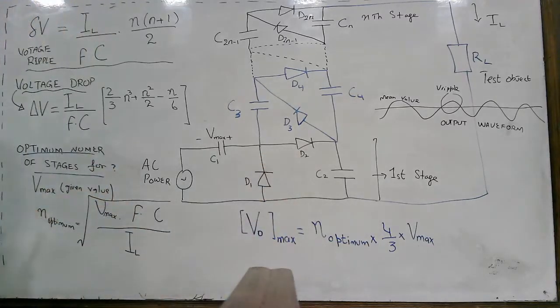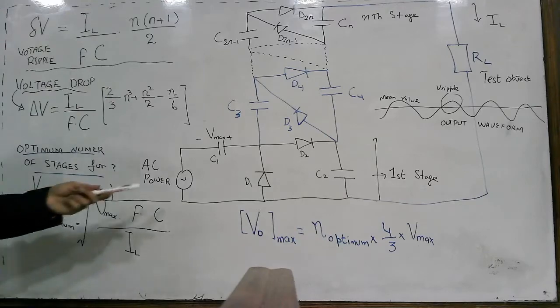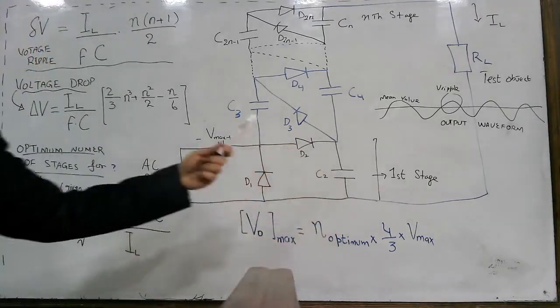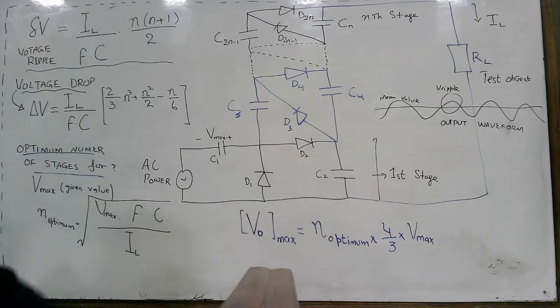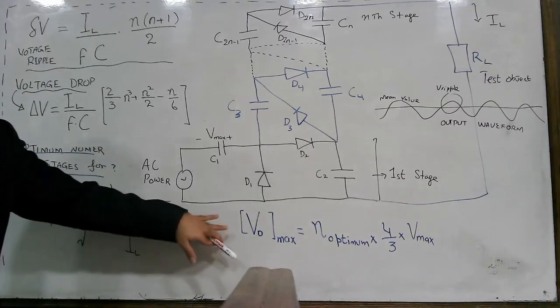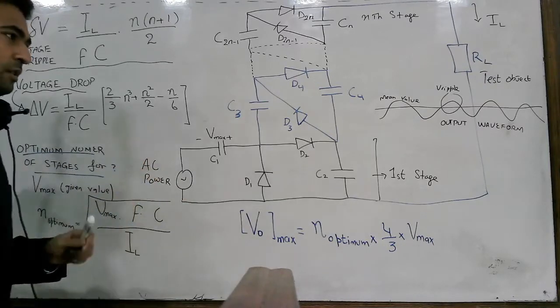They can be added, but they can be neglected. The voltage drop will be 1.4 volts if there are two diodes in series, or one diode will drop about 0.7 to 1 volt. So this is the value of the output voltage.